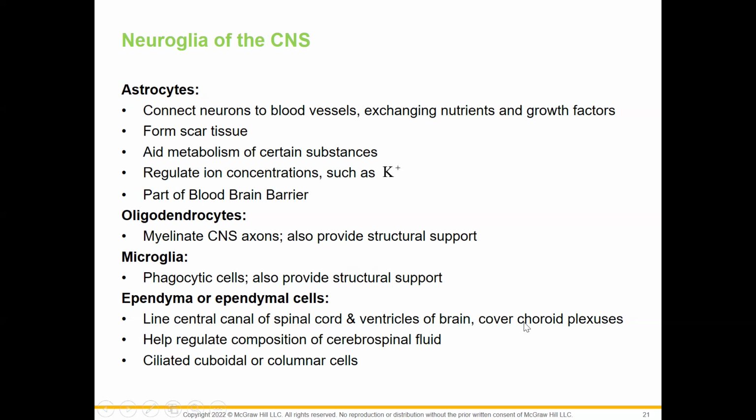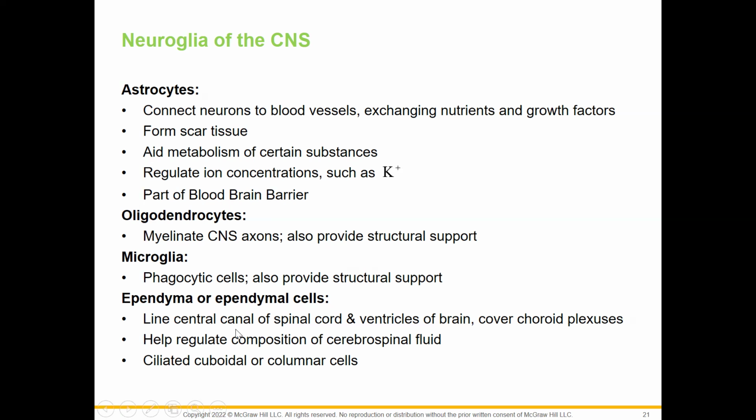And then you have the choroid plexuses. Choroid plexuses are the structures that actually produce your cerebrospinal fluid. Ependyma also help to regulate the composition of cerebrospinal fluid.